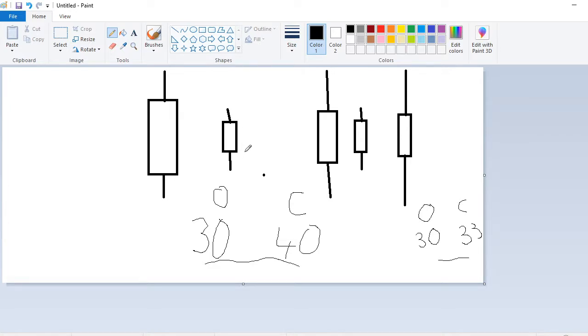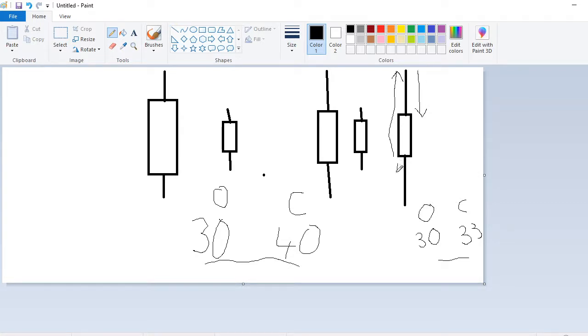Then coming to the wicks. If the wicks are big compared to the body, that simply shows that they tried to take it up, they pushed it up, but again selling pressure came and they pushed it down.